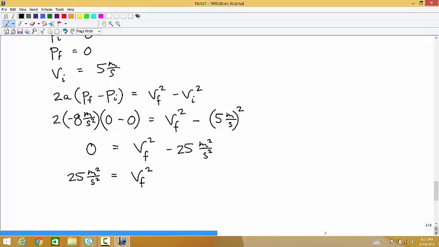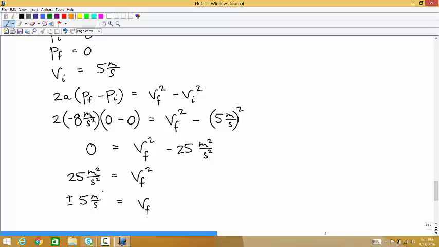And now take a square root of both sides, and you get that Vf is equal to, well, there's a 5 meters per second, but what am I missing? Yeah, it's plus or minus because we took that square root. And based on what we're dictating about this problem, which one of those do we want?